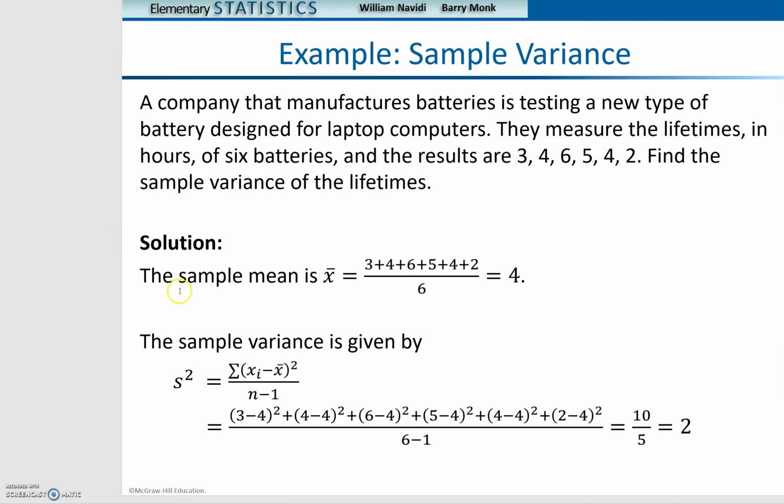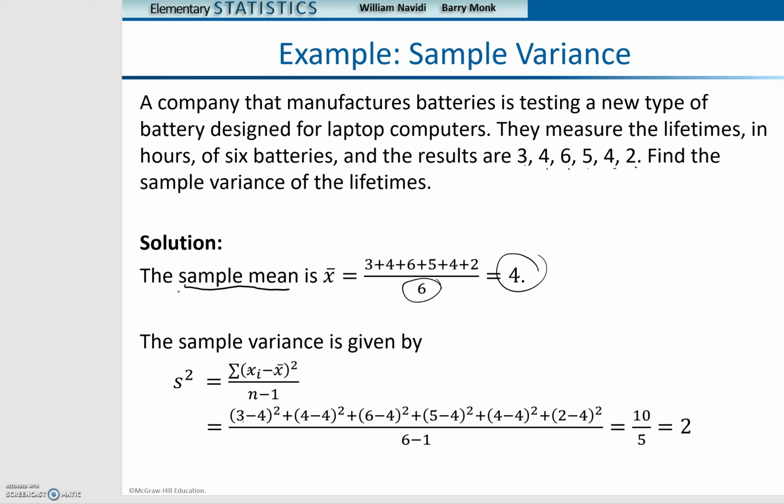So the first thing you have to do is find the mean. Again, they don't tell you to find the mean. You just have to remember you have to find the mean. So you add them all up, and there's 6 of them, so you divide by 6, so the mean is a 4. The next thing you're going to do is do the subtraction. So it's 3 minus 4, 4 minus 4, 6 minus 4, 5 minus 4, 4 minus 4, 2 minus 4.